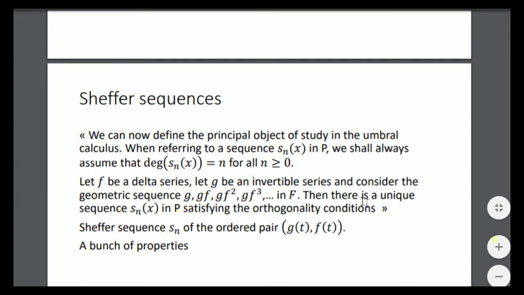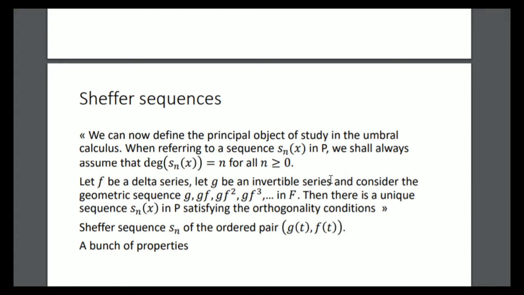So we have two objects, a Sheffer sequence s_n and an ordered pair g of t, f of t. The umbral calculus is mostly the work of going from an ordered pair to a Sheffer sequence, or from a Sheffer sequence to an ordered pair.